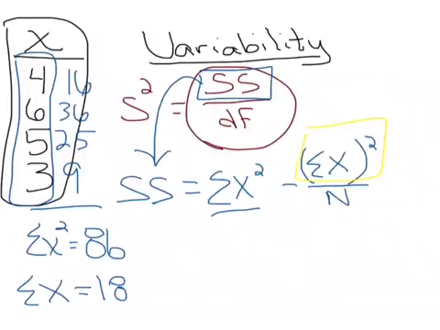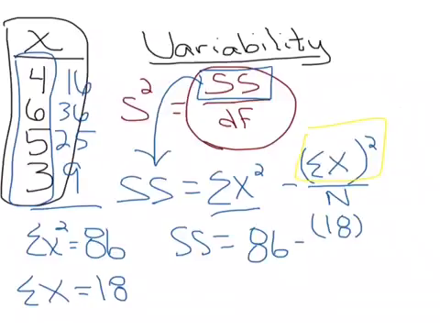Then we can start plugging it in. So in the end, our sums of squares ends up being 86 minus 18, we can put parentheses around it, squared, divided by 4, because our sample size is 4.